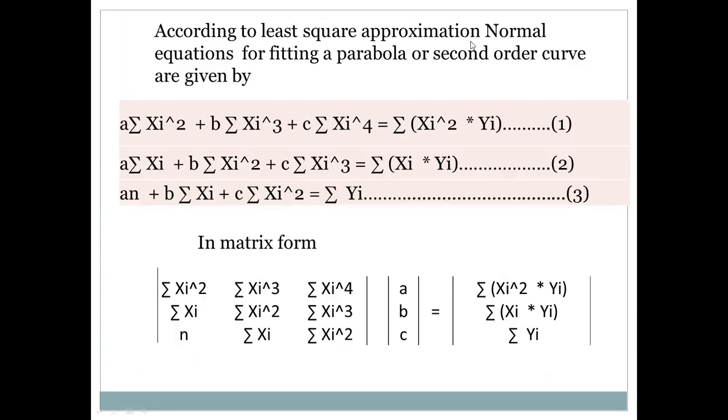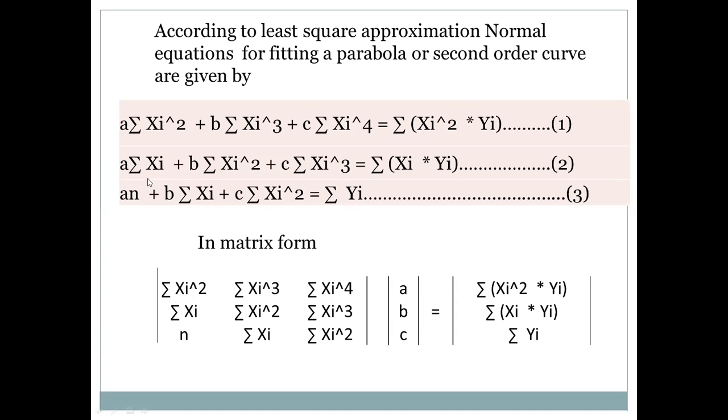According to least square approximation, normal equations for fitting a parabola or second order curve are given by: a sum of xi square plus b sum of xi cube plus c sum of xi raised to 4 equal to sum of xi square yi.